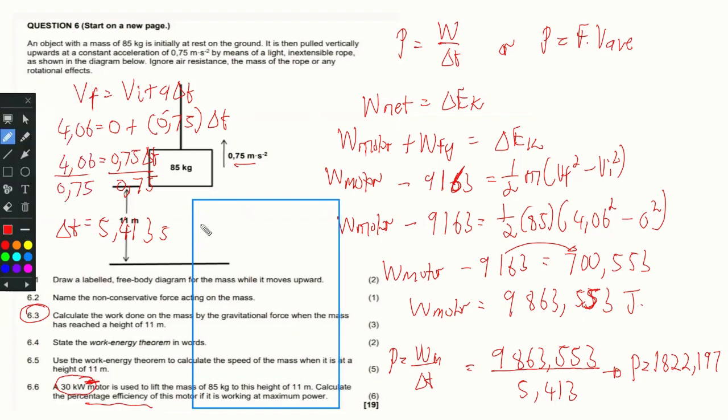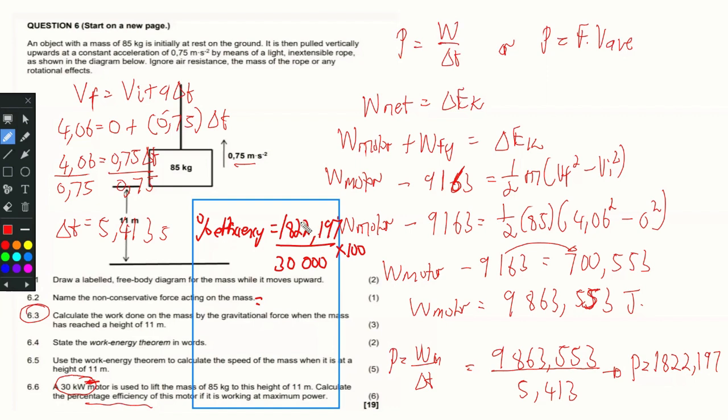So in order to calculate that, I can now say the percentage efficiency of this is to take this power that I've just calculated, 1,822.197, over the 30 kilowatts. Now, kilowatts means that I need to multiply that by 1,000. So that becomes 30,000. And then multiply that by 100 because it's the percentage efficiency.